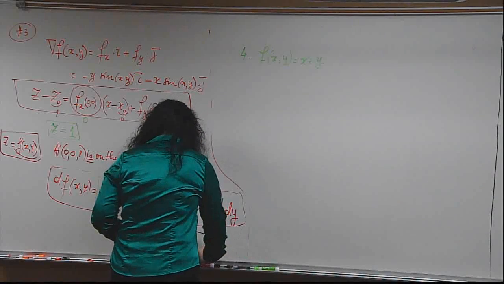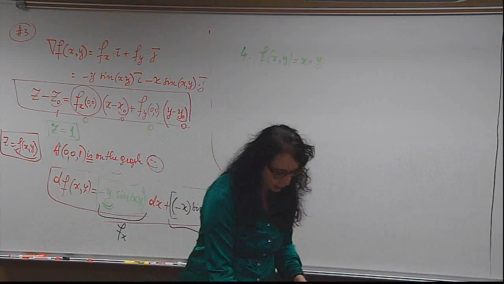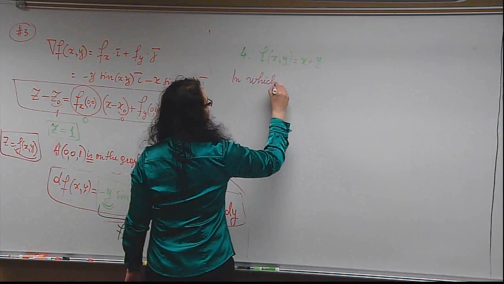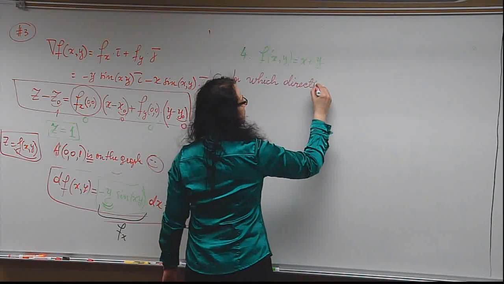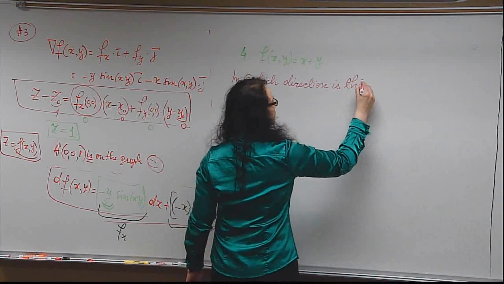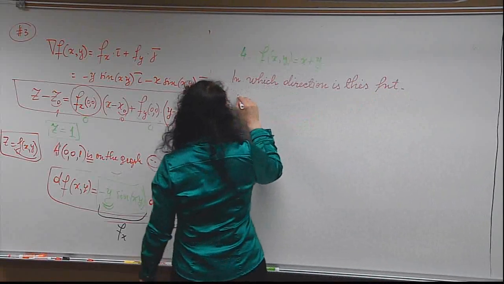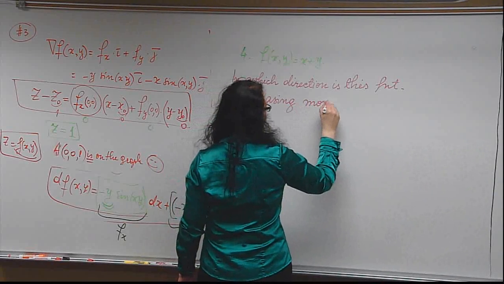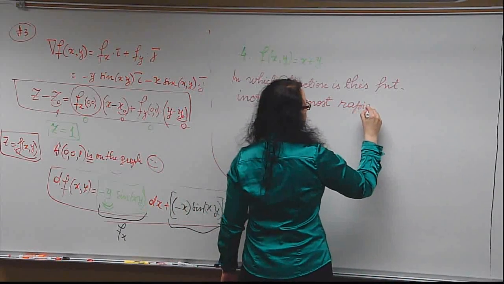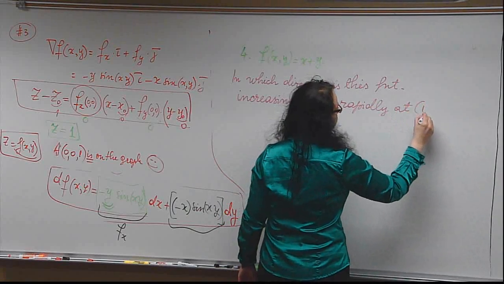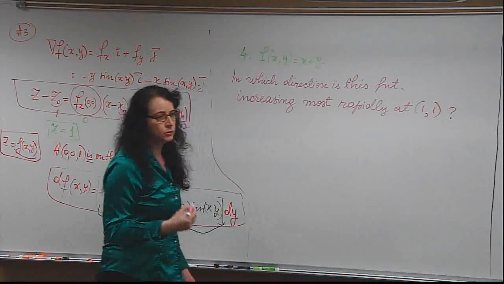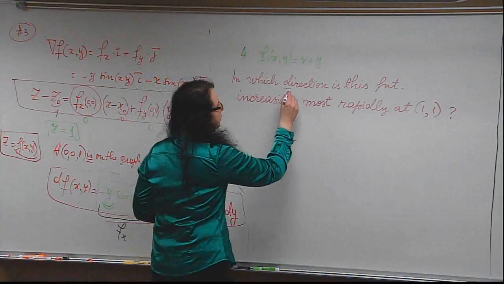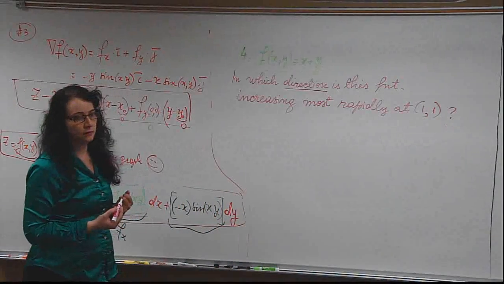Well, in which direction is this function increasing most rapidly at 1, 1? That means that x0 equals 1, y0 equals 1. We've done this kind of thing before. We know the direction will be the direction corresponding to the gradient.